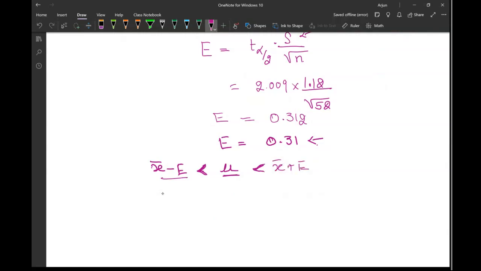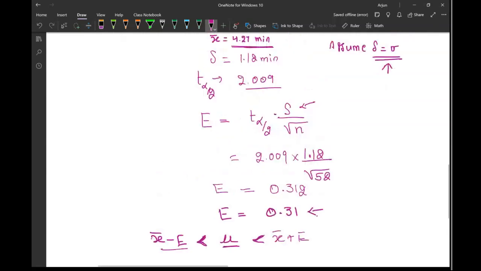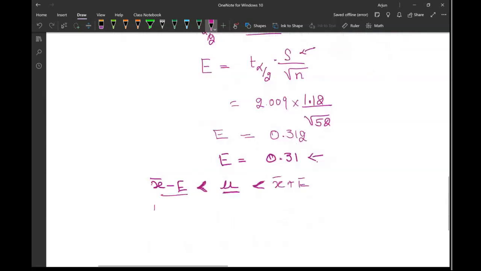So this value will come out to be 4.27 minus 0.31 less than mean, less than 4.27 plus 0.31, and you're going to compile your results.